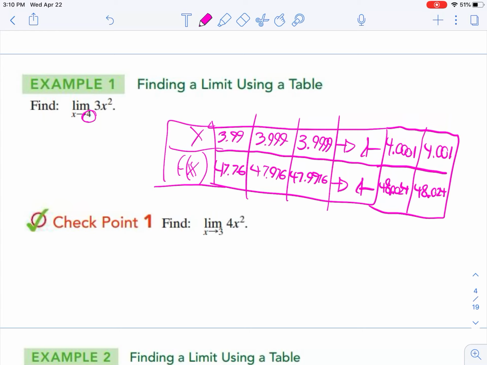And what it looks like when we're finding this is the limit as we go from the left and the limit as we come from the right. It looks like on each side they're both approaching what number? It looked like they're approaching 48. Okay, so this approaches 4. This actually approaches 48. It's not undefined at that point.